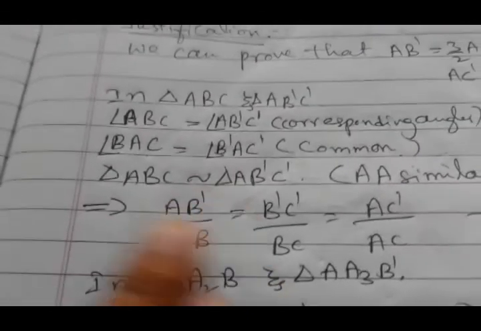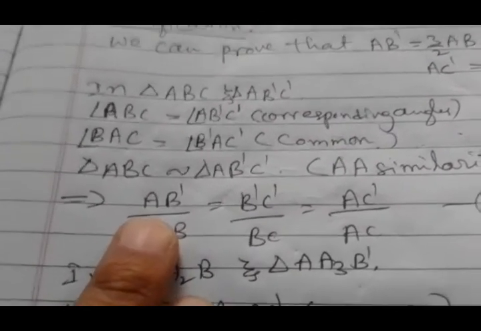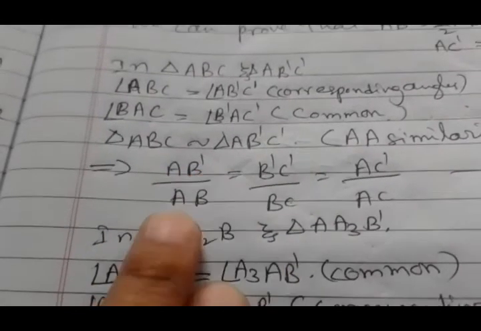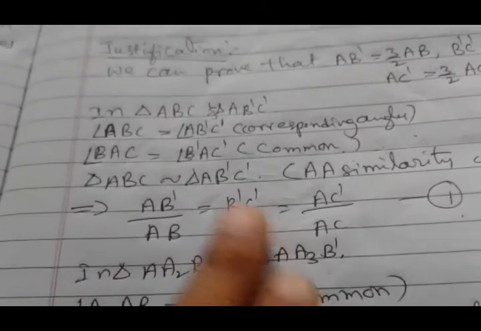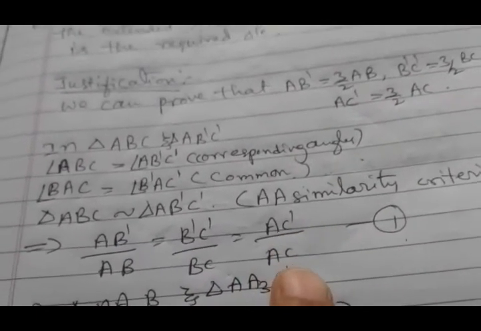When these two triangles are similar, by either Thales theorem or BPT theorem, AB dash by AB is equal to B dash C dash by BC is equal to AC dash by AC.